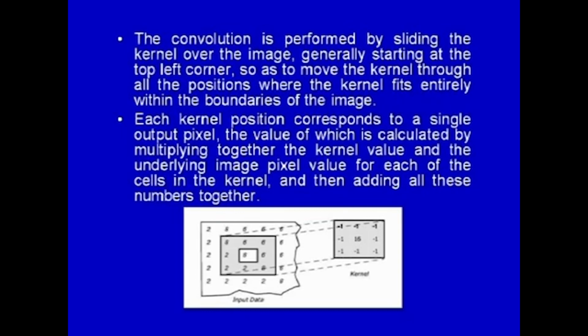It is interesting to see that this particular kernel, as a matter of fact, bears a direct relationship to the neighborhood pixels which are surrounding this central pixel. In this particular example, we see that the central pixel value is twice the value of the neighborhood pixels with the opposite sign.